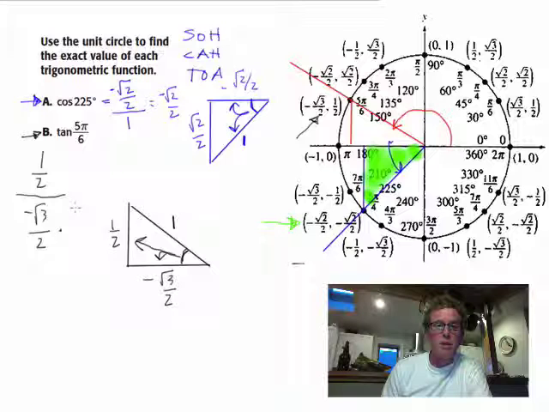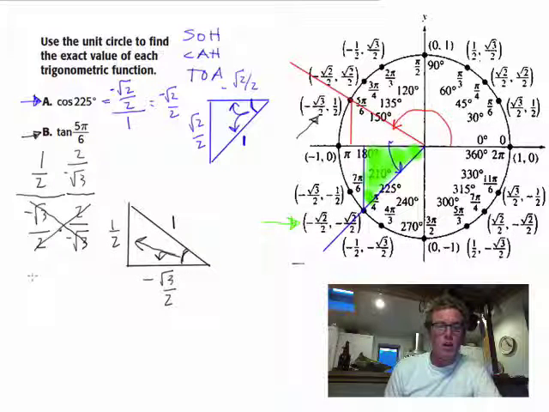Okay, so I'm going to multiply by 2 over negative root 3. And if I multiply by that on the denominator, I also have to do it on the top. So 2 over negative root 3. And the cool thing is that these now cancel out and these cancel out. So I'm left with only, in the numerator, 1/2 times 2 over negative root 3.